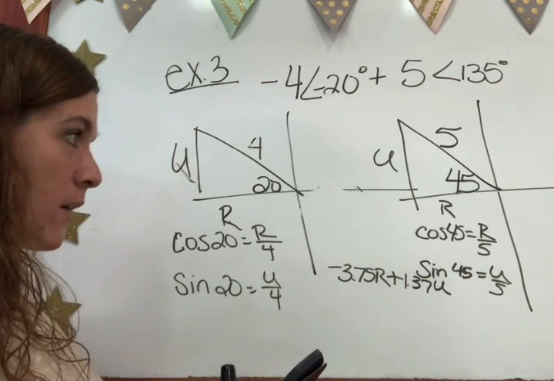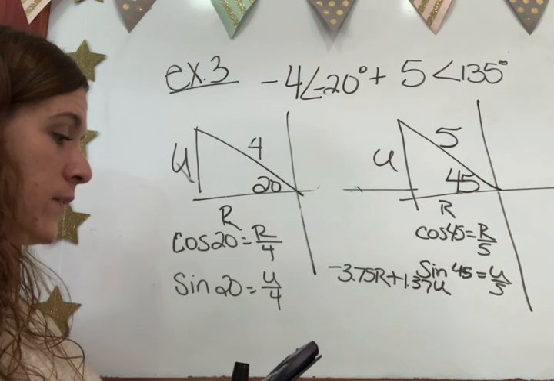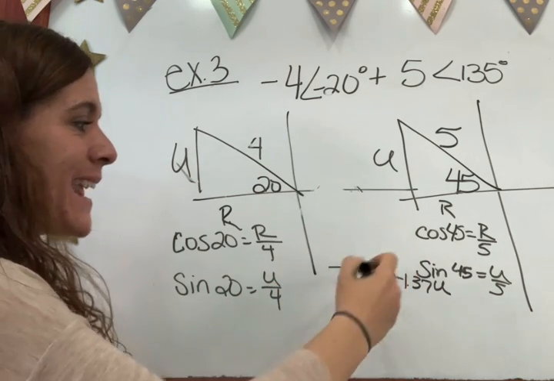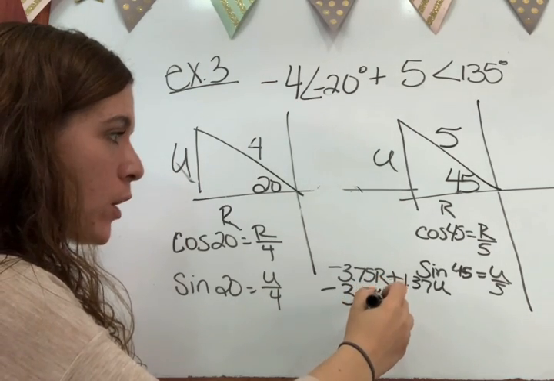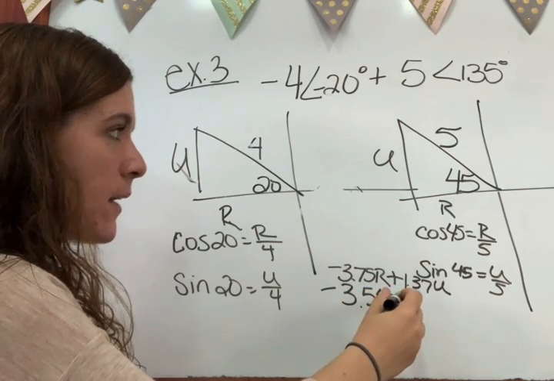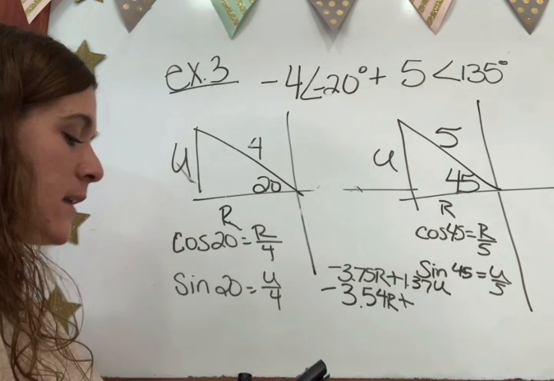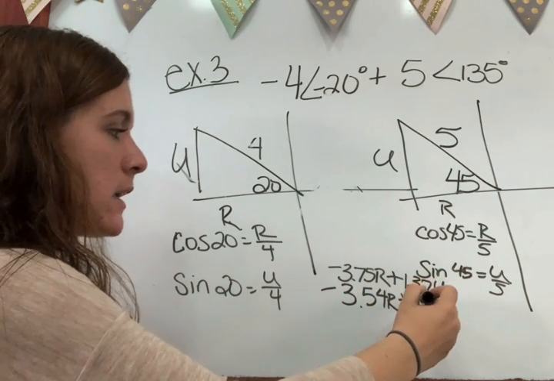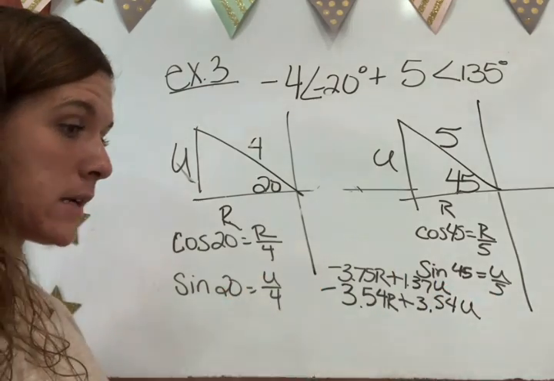Over here we have 5 times cosine 45. That's a negative 3.54R because it's also going to the left, plus 5 times sine 45, which is 3.54U positive.